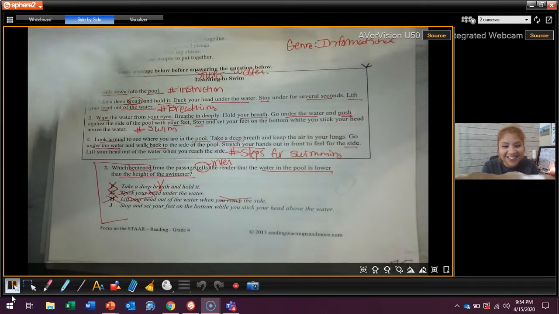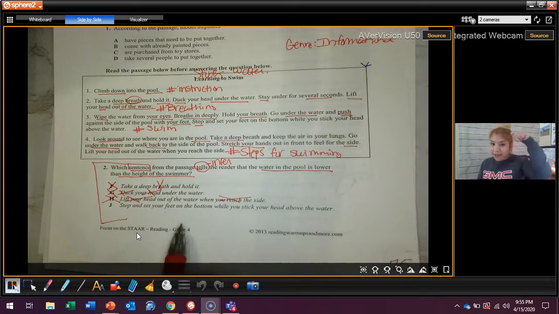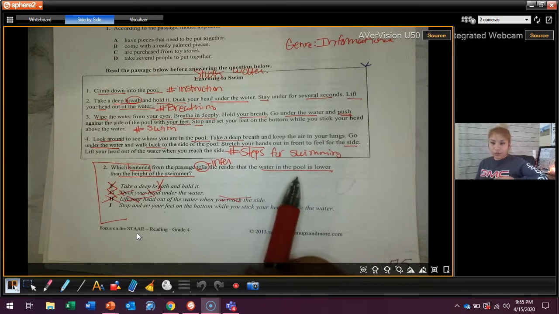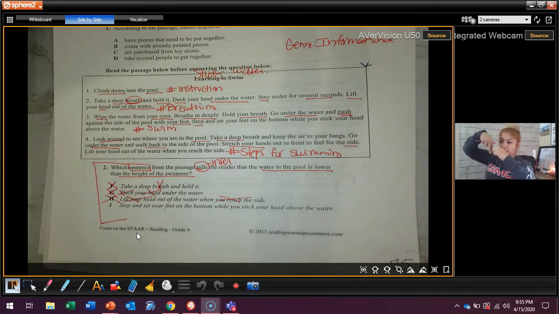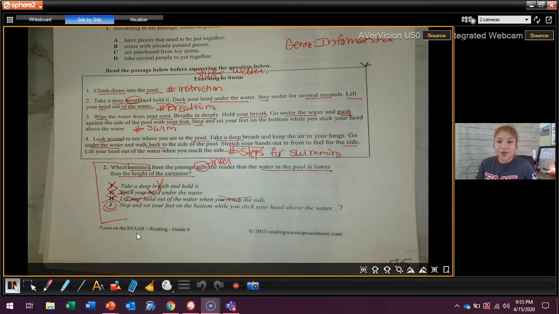So because I stop and set my feet at the bottom while I stick my head above the water, can that tell me that the water in the pool is lower than me? So if I can stand up, does that tell me that the water's below? Yes, right? J is my correct answer.